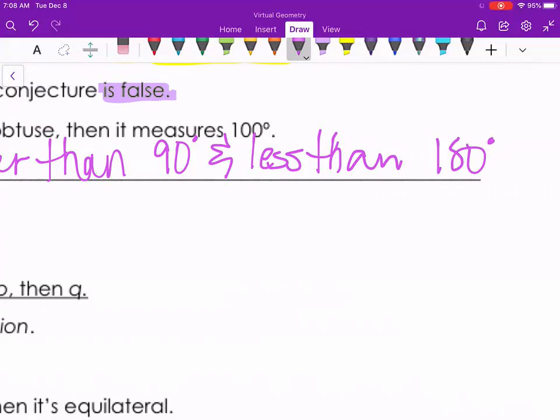So yes, 100 is obtuse, but there are infinitely many more obtuse angles out there.